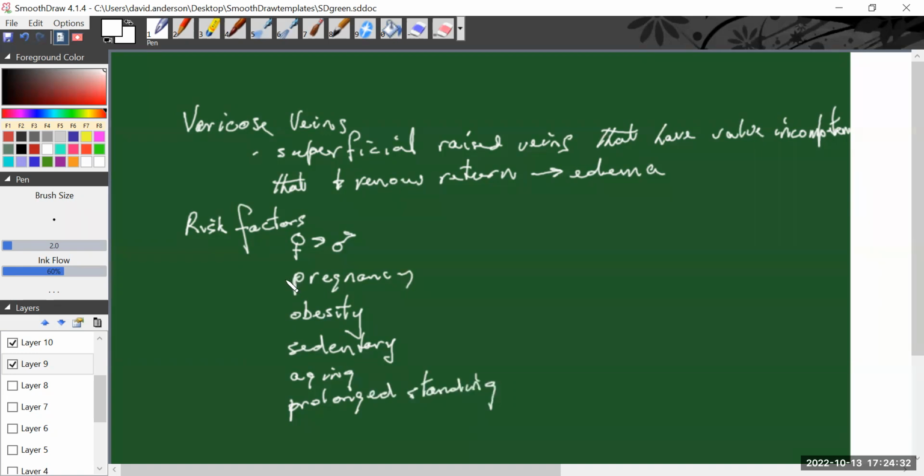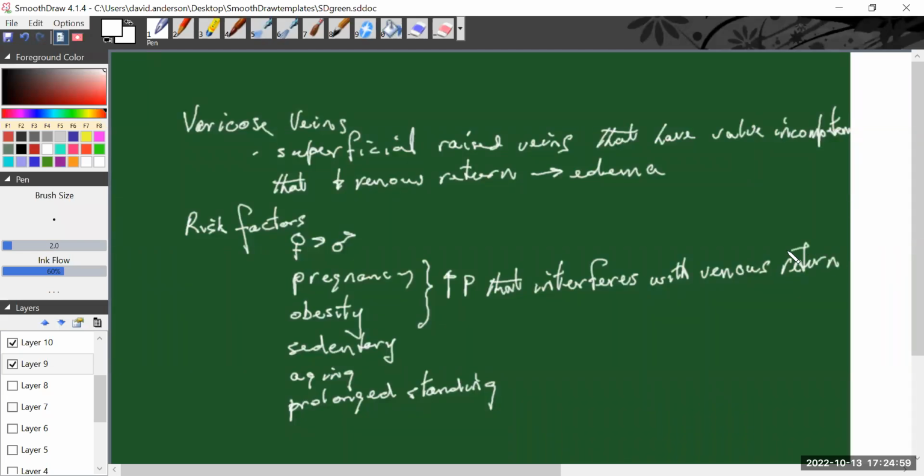So these increase pressure that interferes with venous return, right?